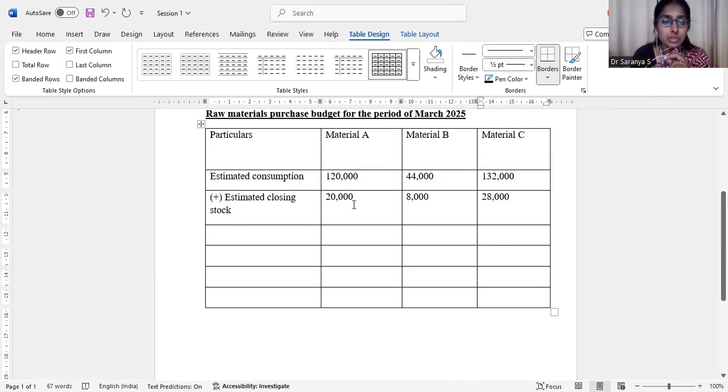Estimated consumption plus closing stock. For material A, it is 1,40,000. For material B, it is 44,000 plus 8,000, it is 52,000. Then for material C, 1,32,000 plus 28,000, we will get 1,60,000.